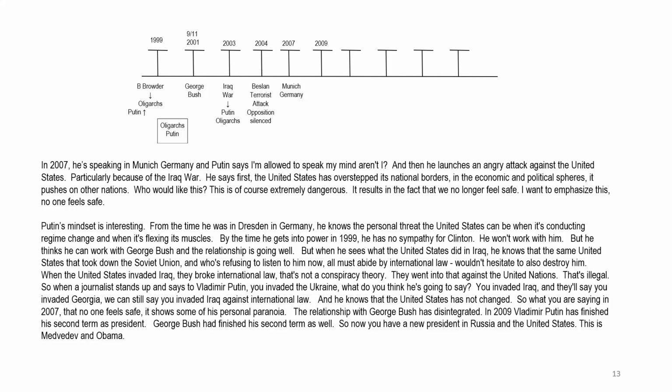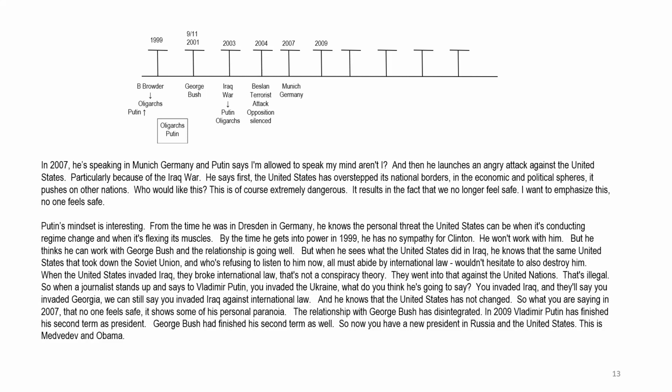But he thinks he can work with George Bush. And the relationship is going well. But when he sees what the United States did in Iraq, he knows that the same United States that took down the Soviet Union, and who's refusing to listen to him now, all must abide by international law. It wouldn't hesitate to also destroy him.